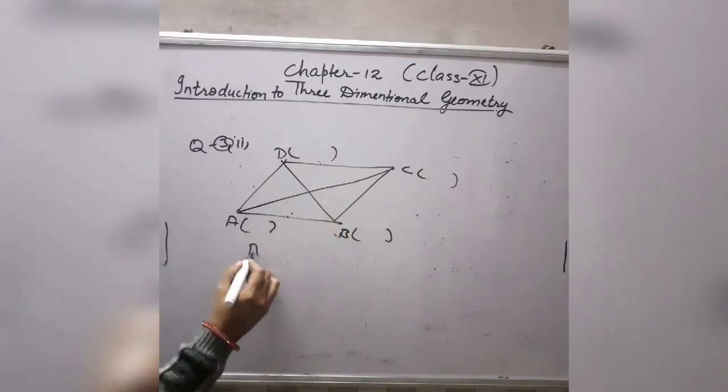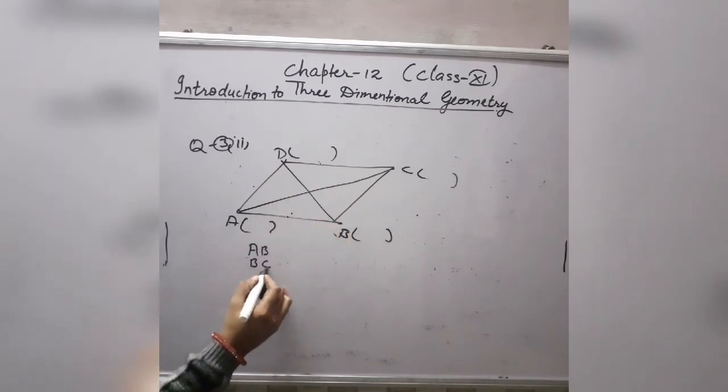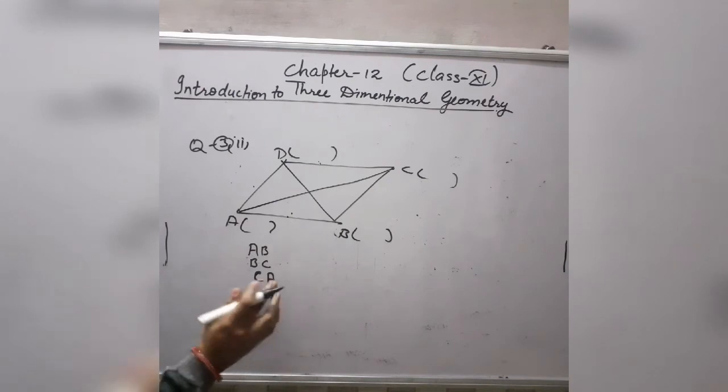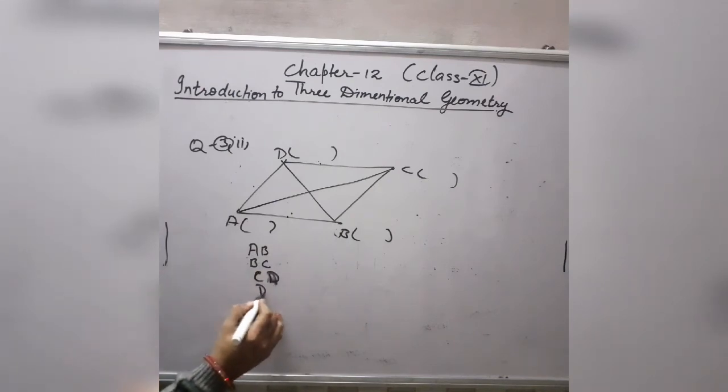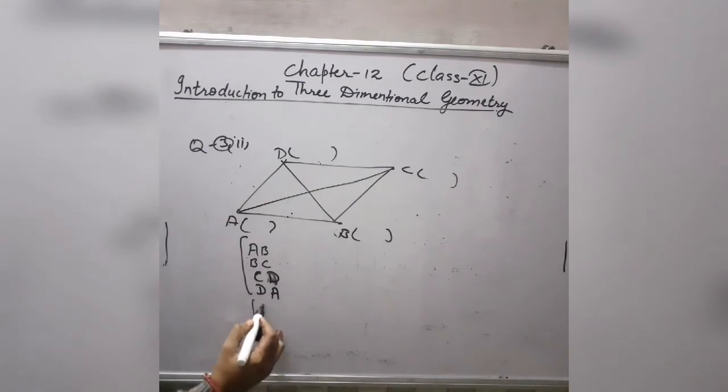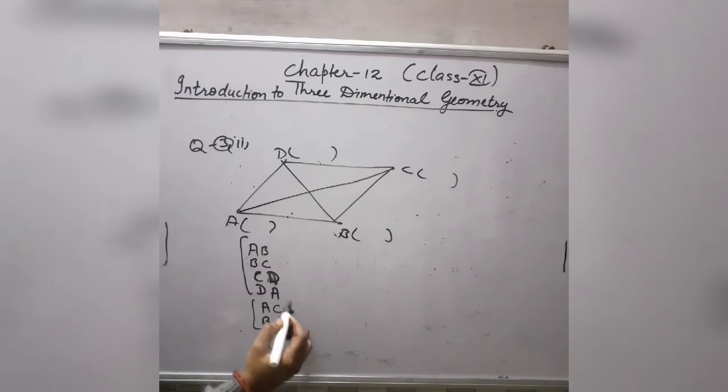So here you will find the lengths of the 4 sides, means AB, BC, CD and DA, plus you will find the lengths of the diagonals also, means AC and BD. So 6 times you will use the distance formula in this case.